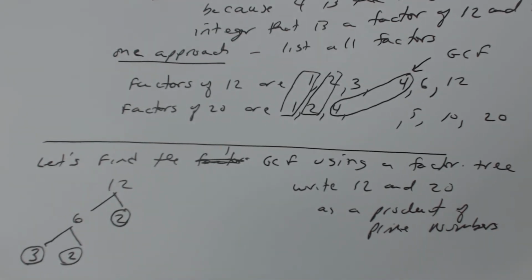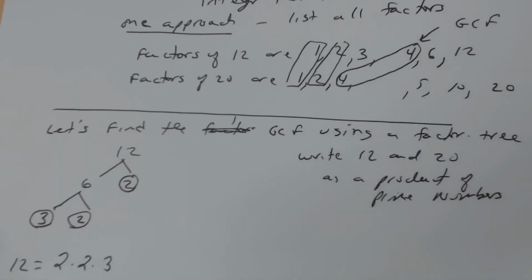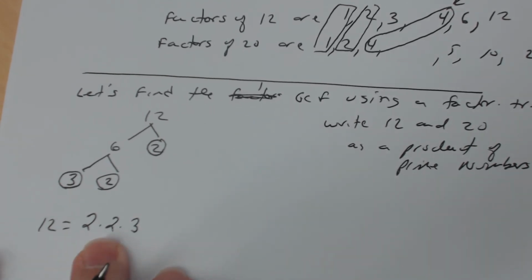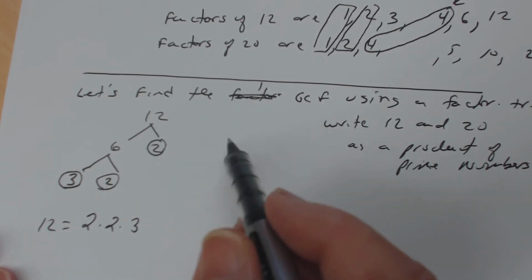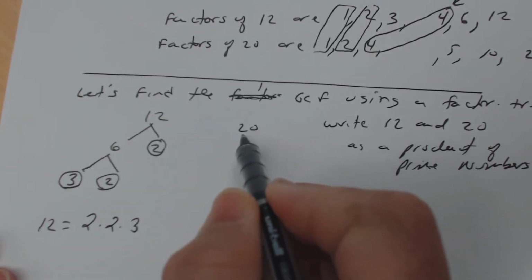So 12 is 2 times 2 times 3. And always make sure that all the factors listed are prime. So 2, 2, and 3. They're prime numbers. Okay? Now, for 20, do the same thing.